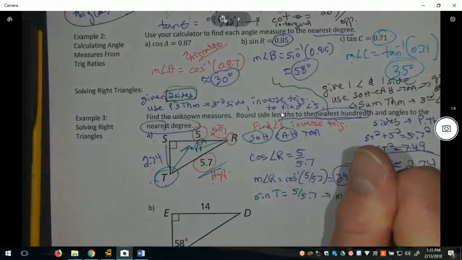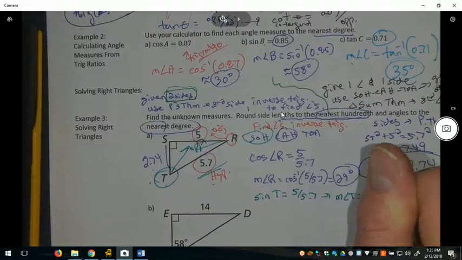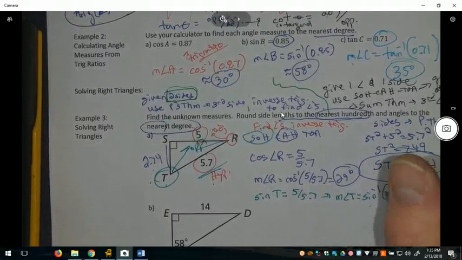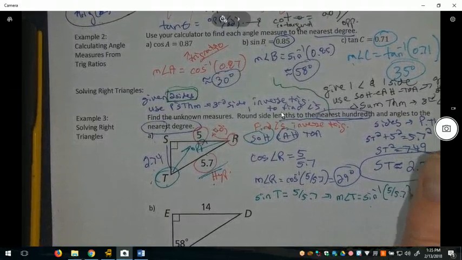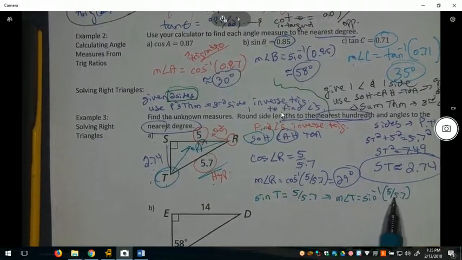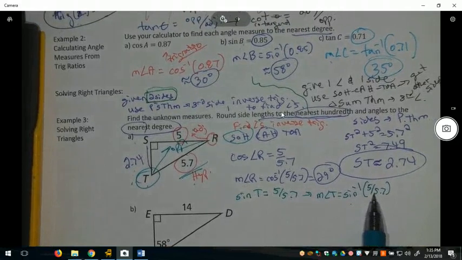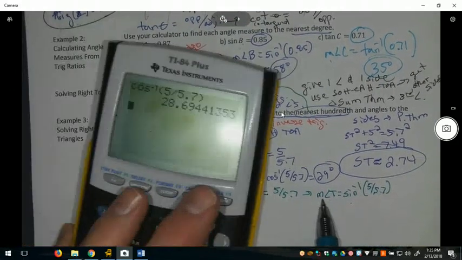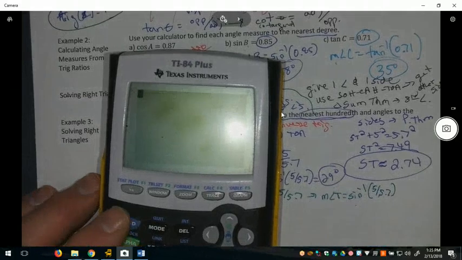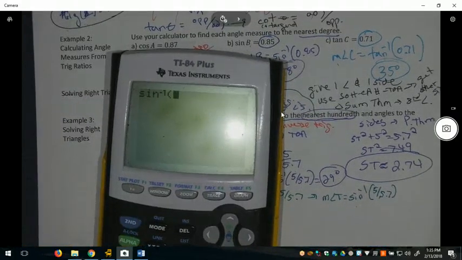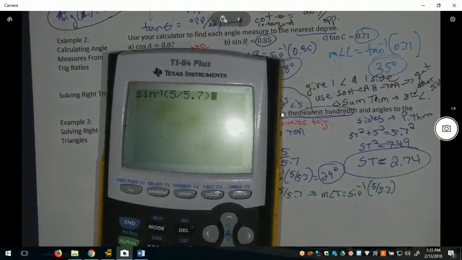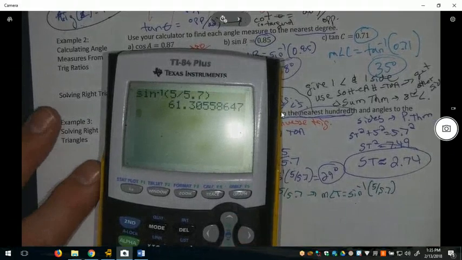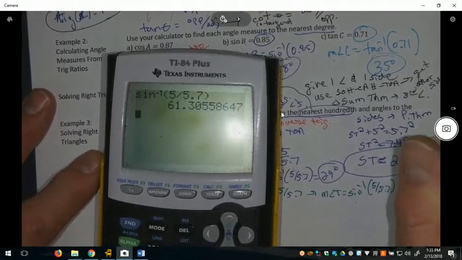This means that the measure of angle T is equal to the sine inverse of 5 over 5.7. I know the ratio. The calculator has a mapping between the ratios and the angles. So if I put this in, it'll tell me what the angle is. Sine inverse of 5 over 5.7 gives us 61.3, so 61 degrees.